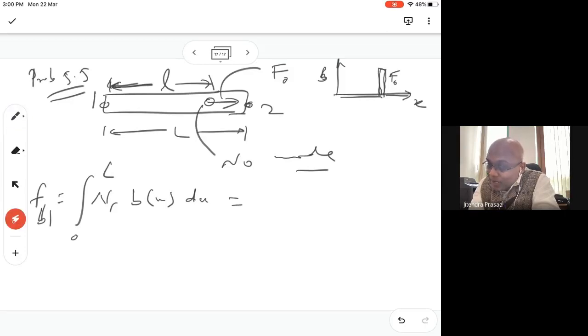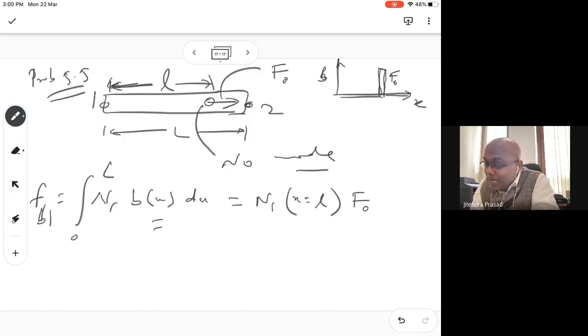So the integration, if you do, will be simply equal to N1 at x equal to L multiplied by B at x equal to L, and B at x equal to L is F naught. So simply this will be N1 at l. N1 will be 1 minus l over L, multiplied by F naught, will be the FB1.